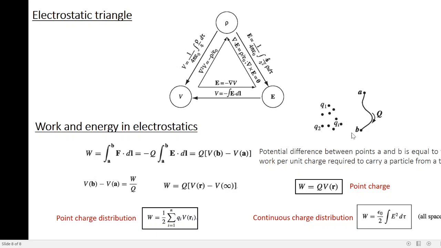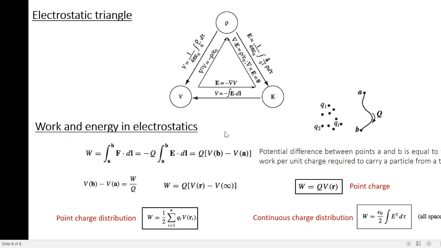Now, imagine that you have a collection of point charges Q1, Q2 up to Qn, and the field associated with it is represented by E. Now you are moving a test charge capital Q from point A to point B. You want to find out what is the total work done to move charge Q from A to B. So work is nothing but force into displacement.